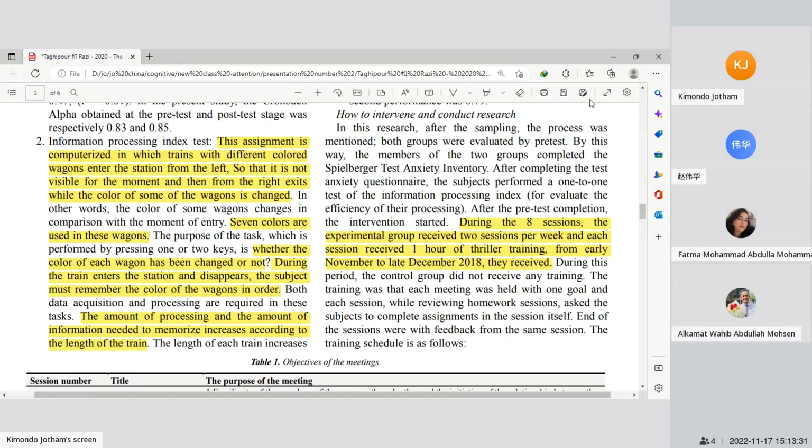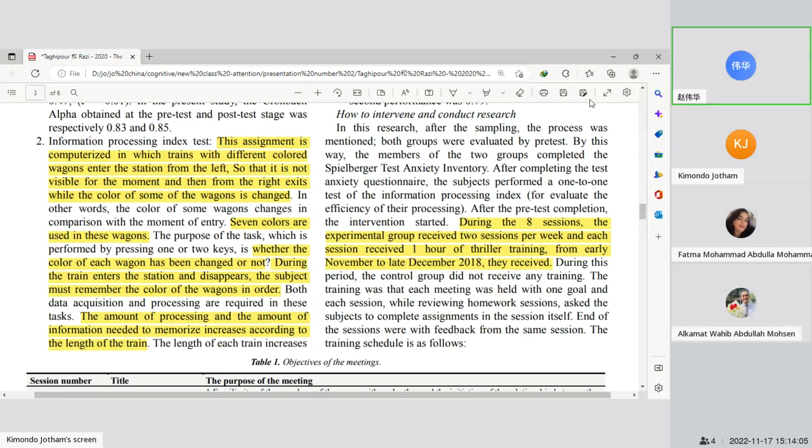Oh, I see. Did they do some follow-up after the post measurements? They do the measurements twice: before the training and immediately after the training.